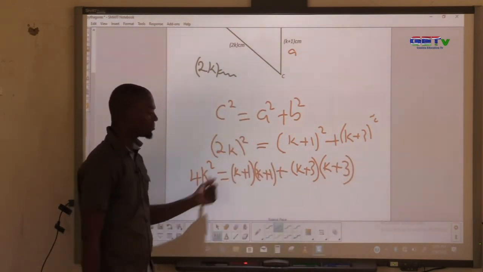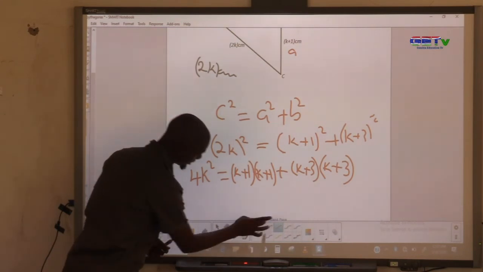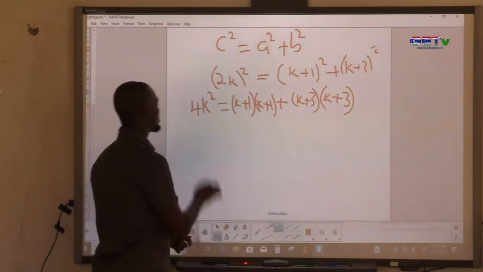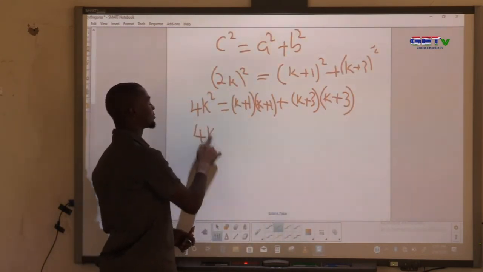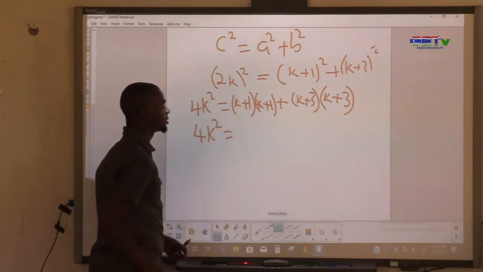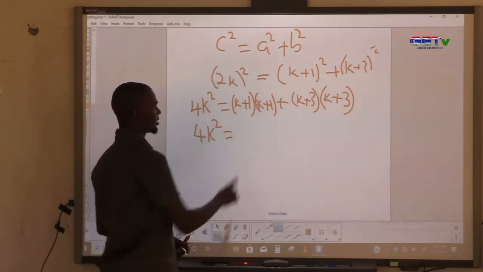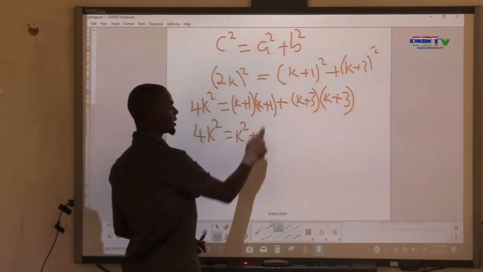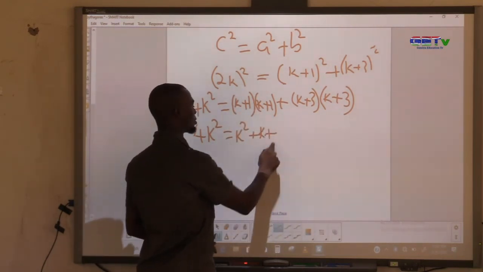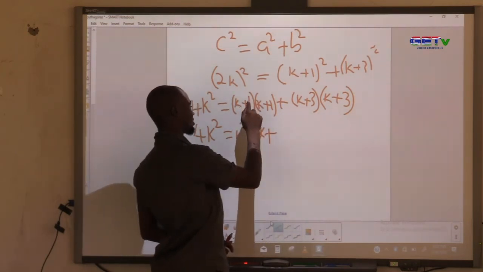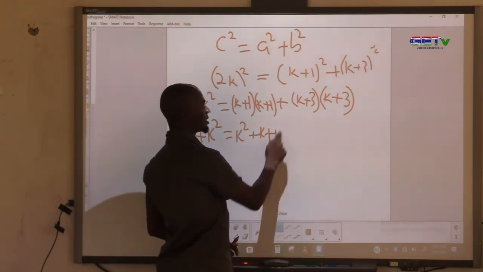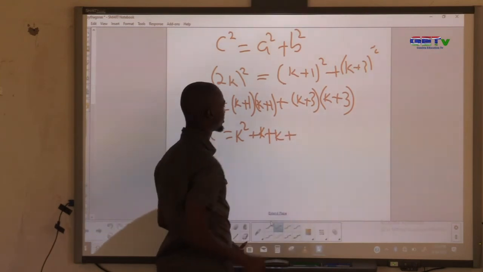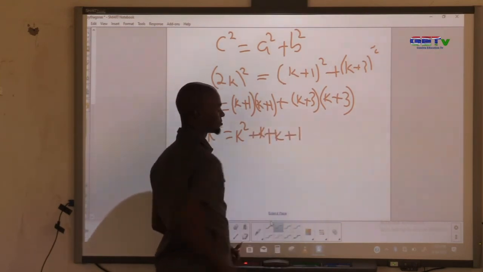We expand them to get the value of k. So you will have here 4k square is equal to k times k, that is k square, plus k times 1, that is k, plus, now we have 1 times k is k, plus 1 times 1 is 1.